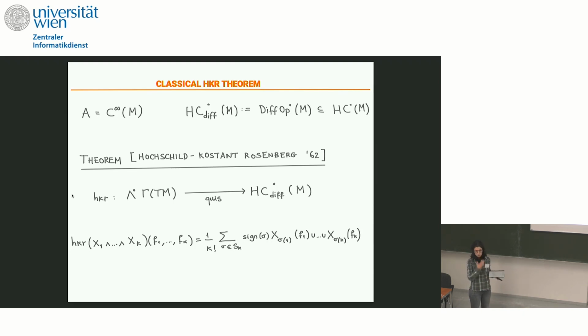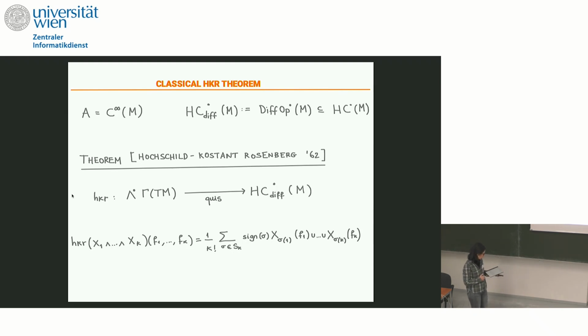For example, remember what I told you at the very beginning in the outline. I told you I would be interested to see what happens whenever I have a Lie group action and I want to look at the G invariant case. And there the situation is more complicated. So gluing in the G invariant case is not obvious.